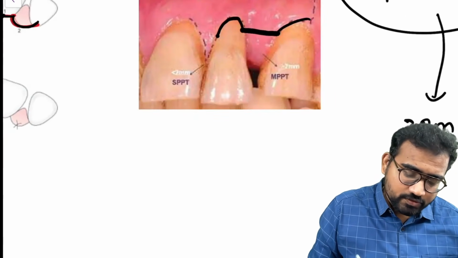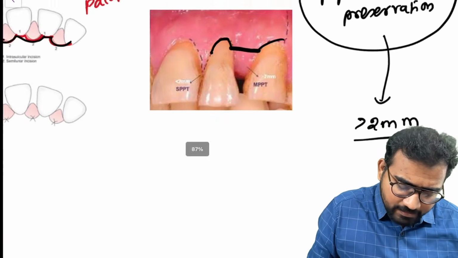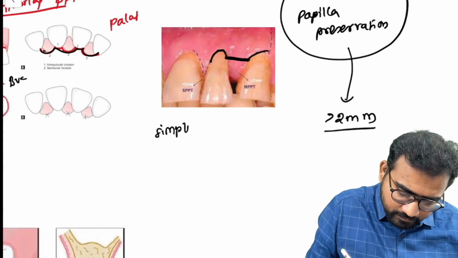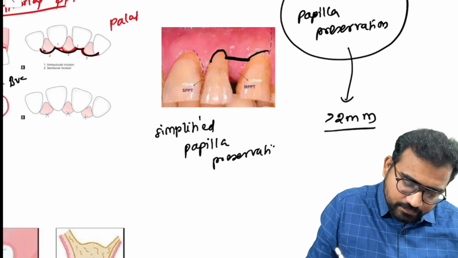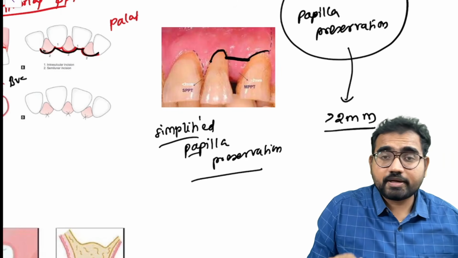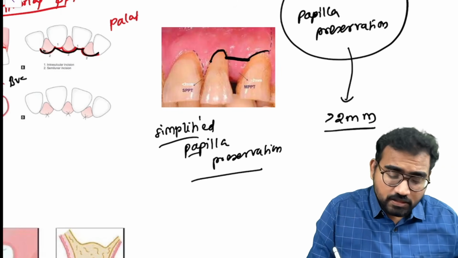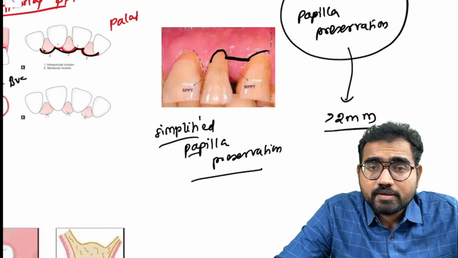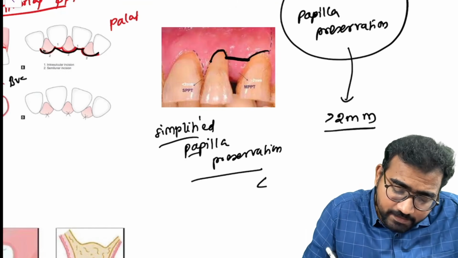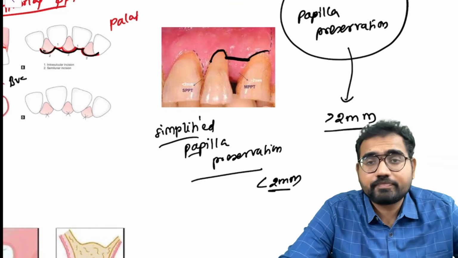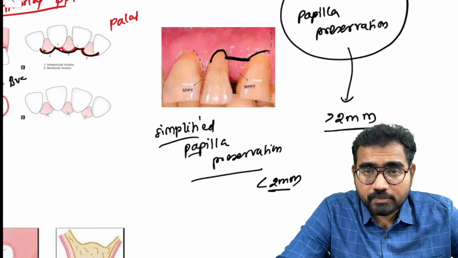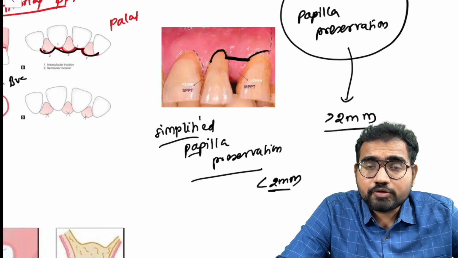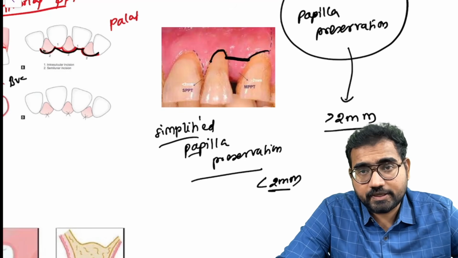Next one we are going to see is the simplified papilla preservation technique. In simplified papilla preservation technique, I'm going to do the procedure in patients who are having interdental space of less than 2 mm. So if the patient is having interdental space of less than 2 mm, I'm going to do a simplified papilla preservation technique.